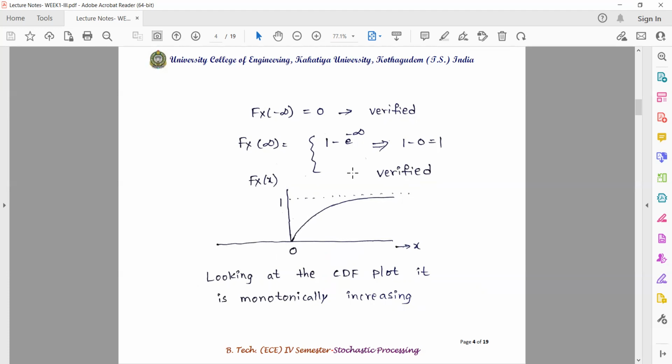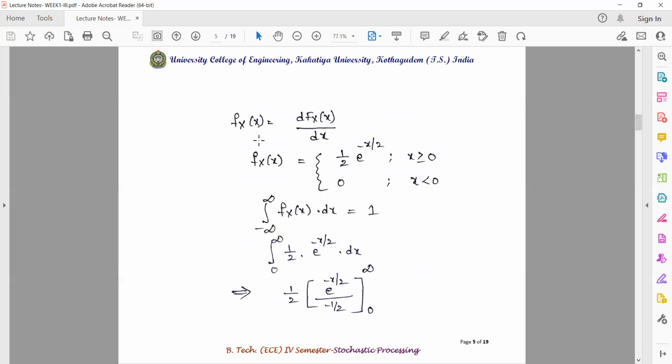So with this, we can say it is a valid cumulative distribution function. But another thing we can check is that by differentiating the given CDF, we get the PDF, and we can also check the properties of the PDF. In the next slide, we start.